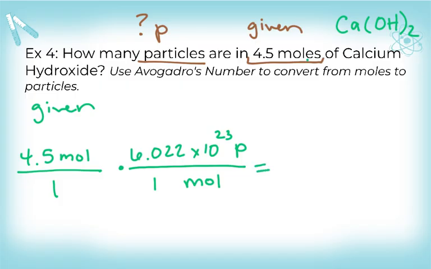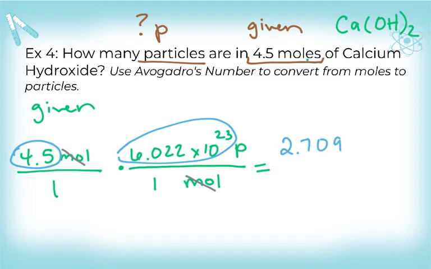But now I can go ahead and do my math because my moles cancel. So going and doing my math, I'm going to multiply all the numbers in my numerator together. 4.5 times 6.022 times 10 to the 23rd. I get 2.7099 times 10 to the 24th over, and I'm going to divide by everything in the bottom, multiplied together.